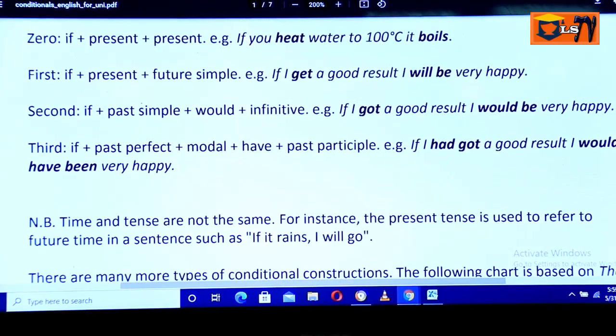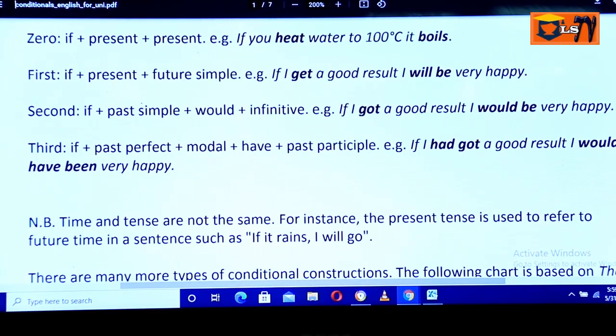Example: if I get a good result, I will be very happy. And we have the second. But let me explain a little bit about the first conditional.